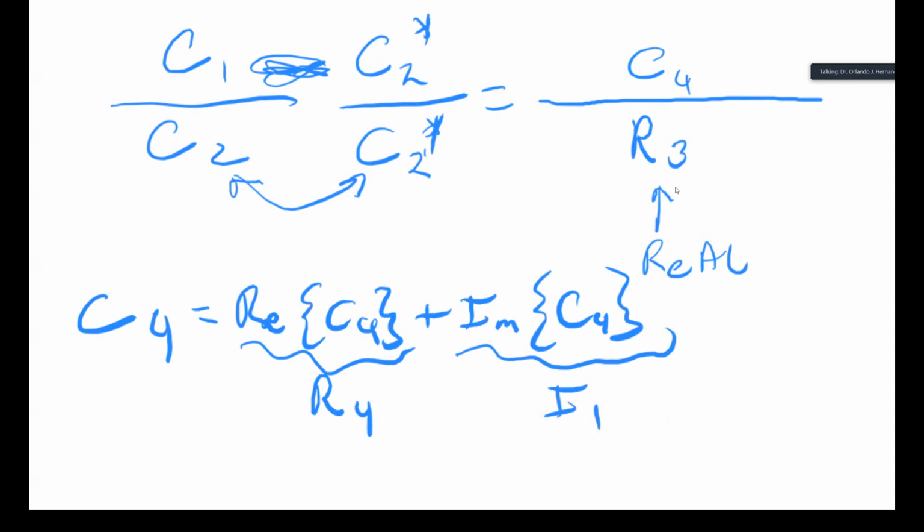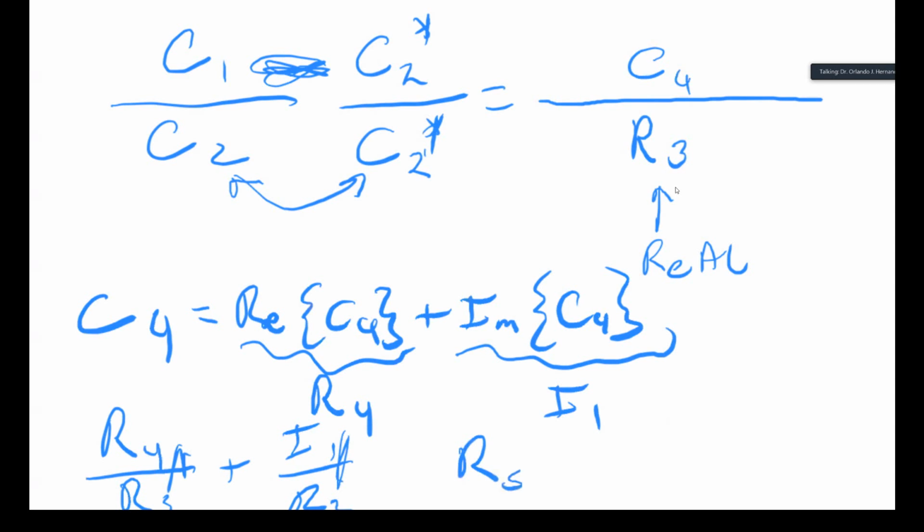Your expression becomes real 4 over real 3 plus imaginary 1 over real 3, and then you do simplification here and here, and you come up with an overall real, let's call this real 5 plus imaginary 2. And then it's clear what is resistance and what is complex impedance.